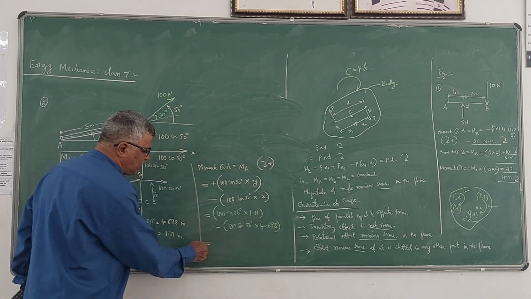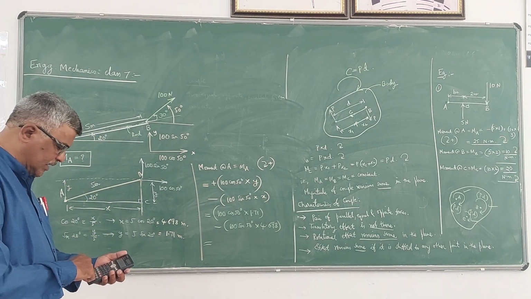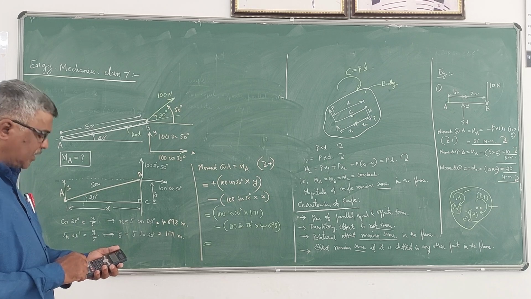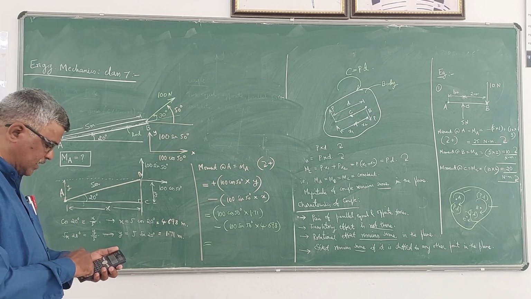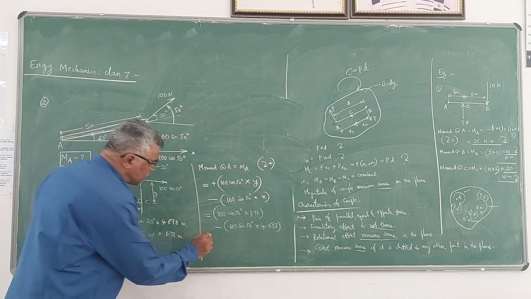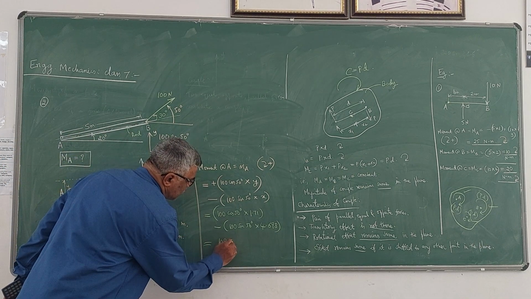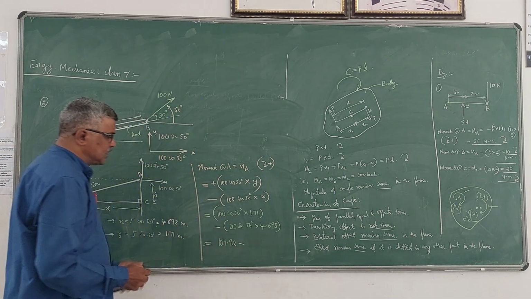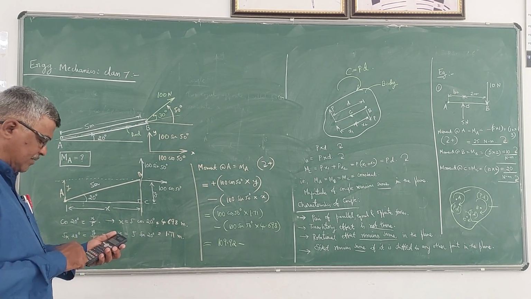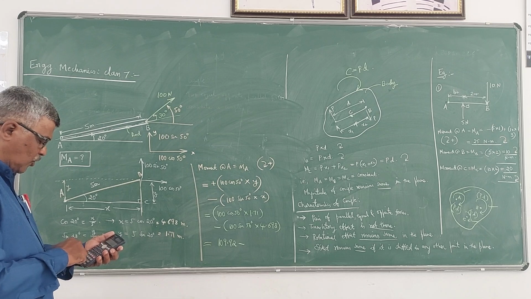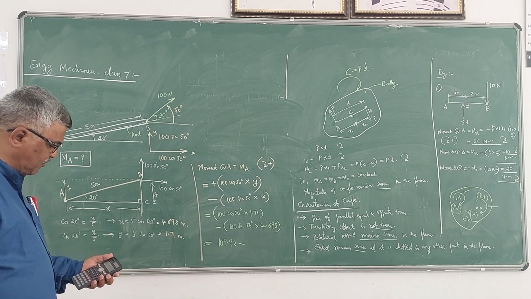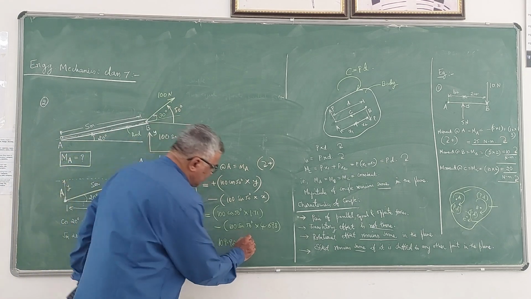If you simplify this, you will get 100 into cos 50 into 1.71, which is 109.92, minus 100 into sin 50 degree into 4.698, which is 359.89.